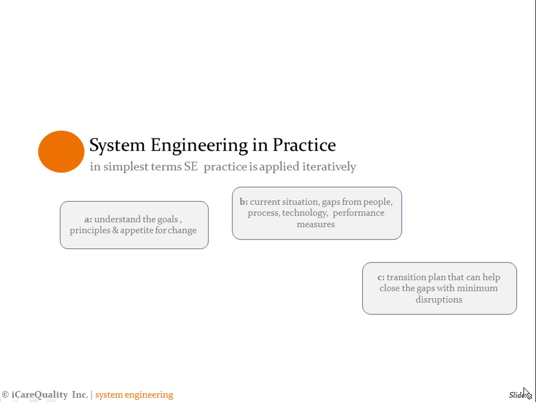Once we understand the gaps, we can create a transition plan that would help us minimize or close the gaps with the minimum disruption to the current operation. Once a viable transition plan is completed, we can define a business case that the rest of the organization can commit to.